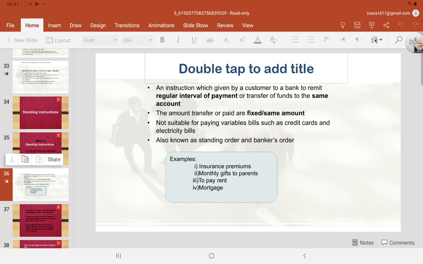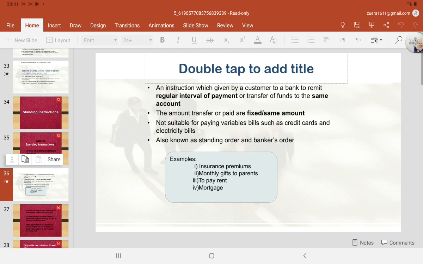If it involves a fixed amount of bills, they can use the standing instruction. But for bills that involve a variable amount, like credit card and electricity, it is not suitable for the customers to use the standing instruction. The standing instruction is also known as a standing order and banker's order.